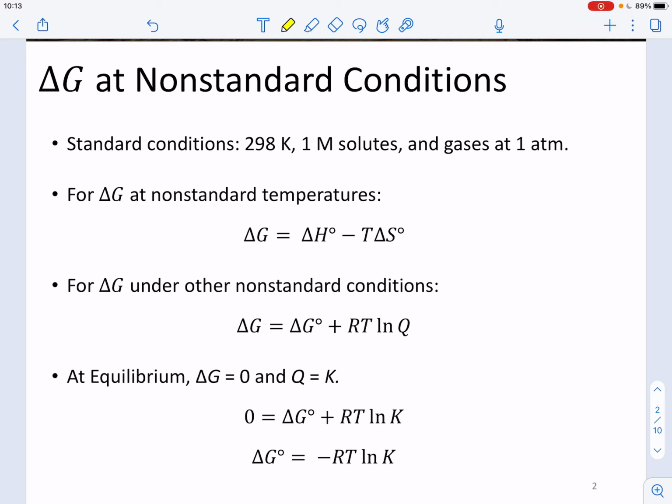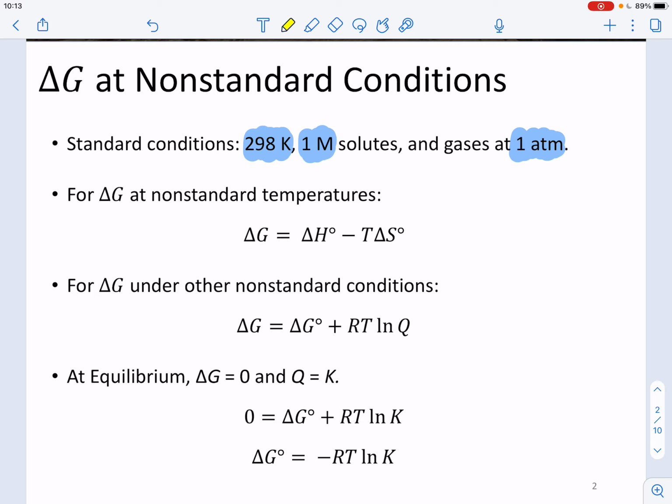Up to this point, we have been assuming that we've been working under standard conditions. And just to remember, standard conditions for all practical purposes are a temperature of 298 Kelvin, a 1 molar concentration for solutes, and 1 atmosphere for gases. Now I want you to think about this. If you are under standard conditions, you have to comply with those requirements.